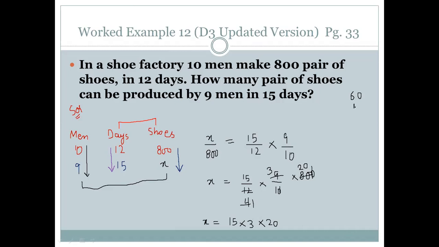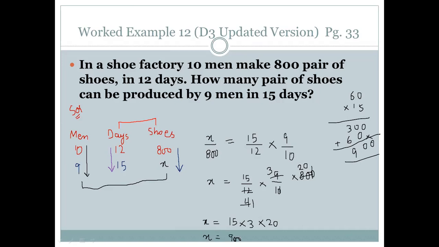And 60 multiplied by 15, let me check. 5 zeros are 0, 5 sixes are 30. 1 zeros are 0, 1 six is 6. 0, 0, 6 and 3 is 9, 900. So x is equal to 900.